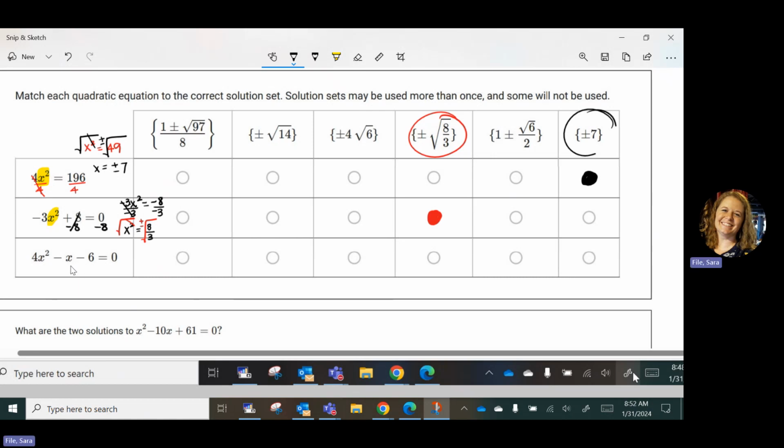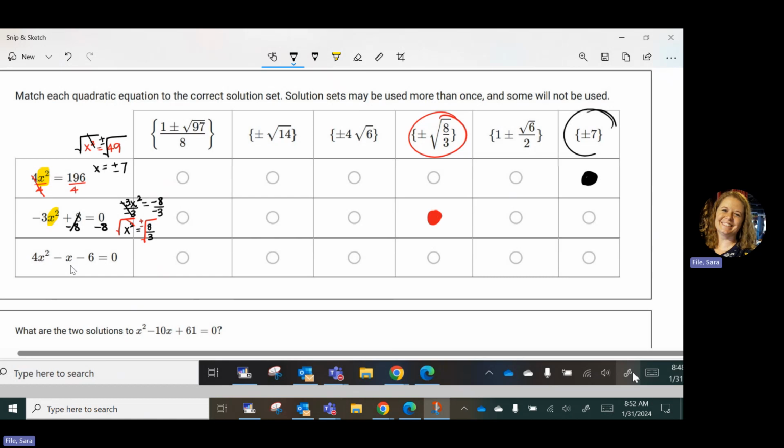There's an x term this time. We cannot just use the square root method this time, so I have to choose a different method. I could choose factoring. I could use completing the square, or I could use quadratic formula. Or I could use graphing.